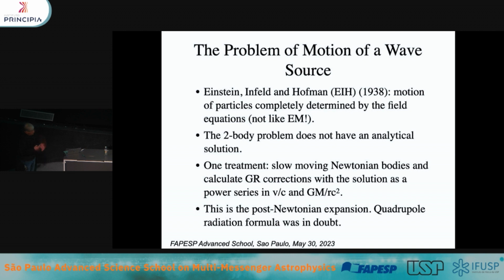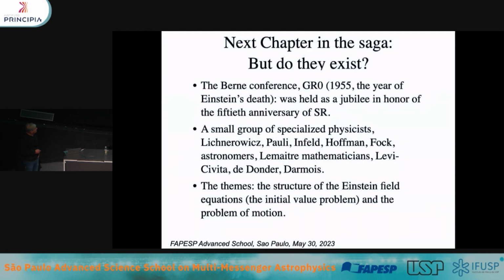But as it was applied, it was difficult to do that, particularly to keep going order by order, and people were getting mistakes in calculating the quadrupole formula using this, and so there was a time of a lot of doubt about the true existence of gravitational radiation.